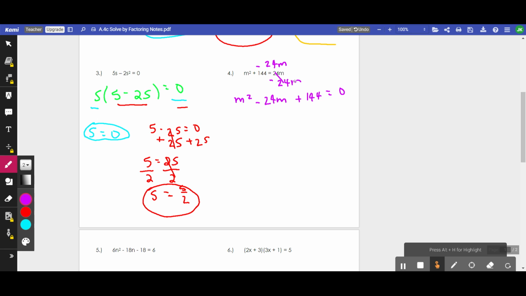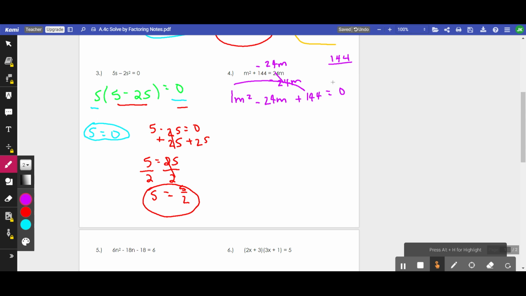So this is where you're doing a times c. So 144 times 1. So any factors of 144 that add to be -24. So for this one, you have to have two negatives because you're trying to multiply to get a positive and add to be a negative.